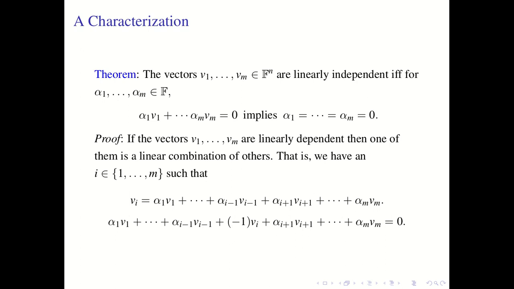Now taking vi to the other side, what you get is alpha 1 v1 plus etc. alpha i minus 1 vi minus 1 plus minus vi. Minus vi is nothing but minus 1 times vi, plus alpha i plus 1 vi plus 1 plus etc. alpha m vm.